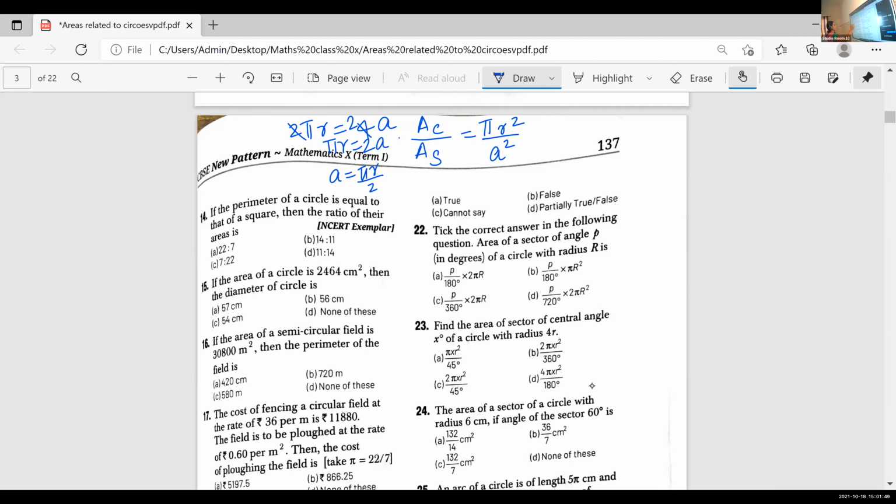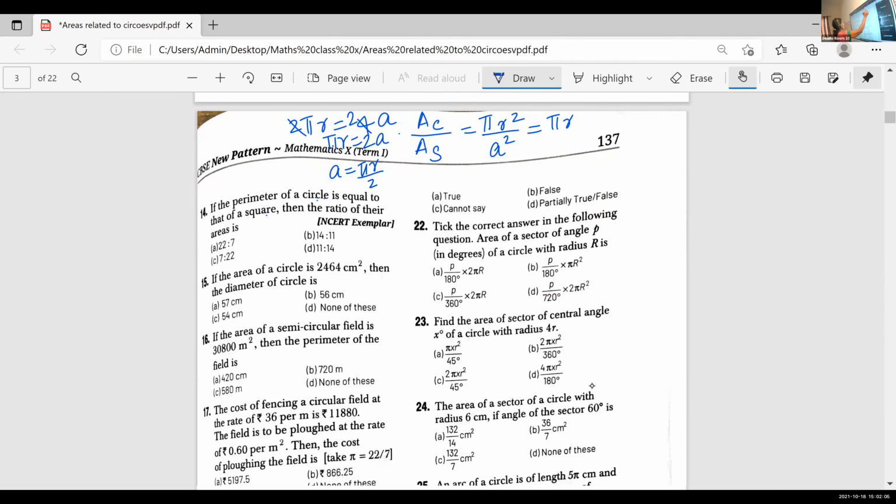So circle should come on top. Area of the circle to that of the square, because we are writing circle first and then square. So area of the circle by area of the square. Check your answer once again.